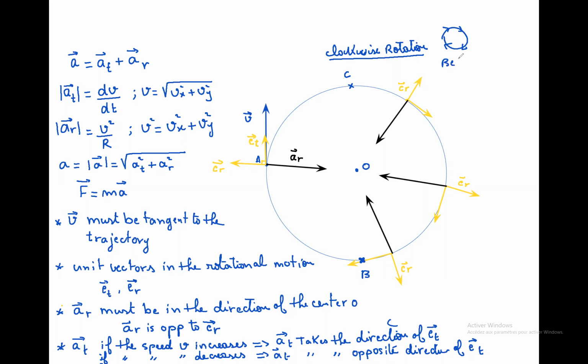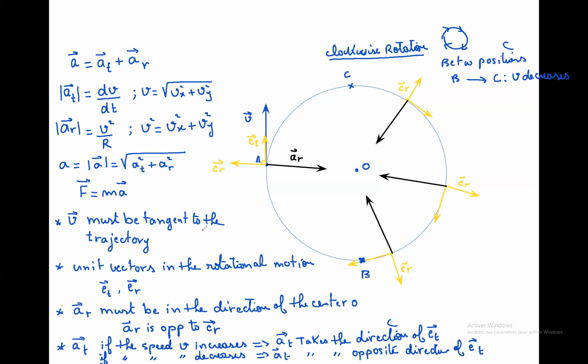Between positions B to C, V decreases. Okay?